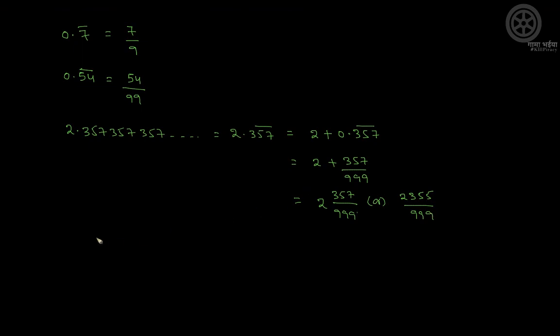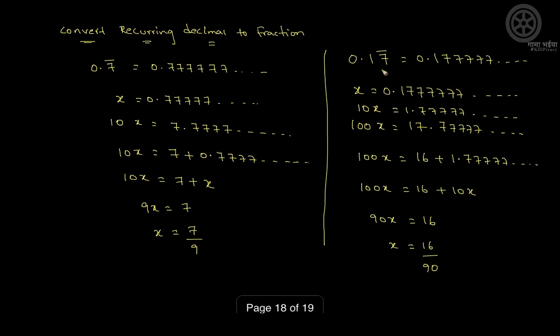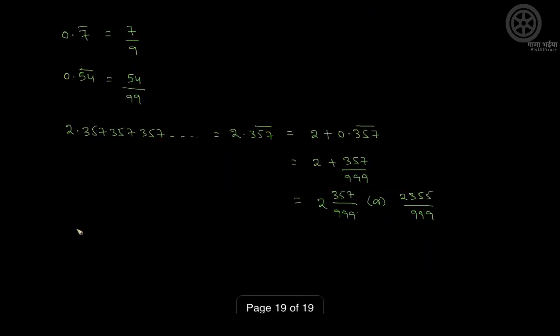Now, this is the pure recurring decimals, right? Now I will tell how to convert the mixed recurring decimal into the fraction. Which is the mixed decimal? This one, because one digit is left alone and the bar is only for 7, right? 0.17 bar.